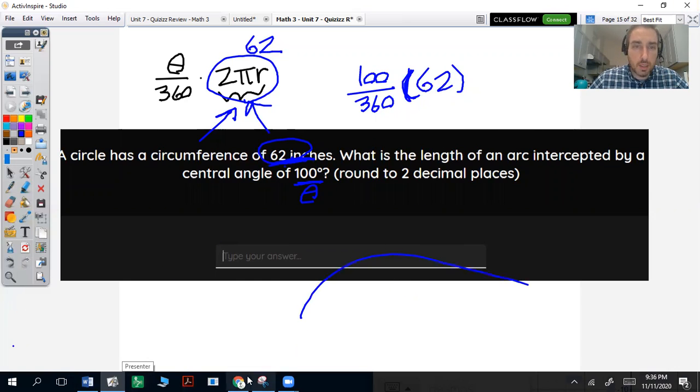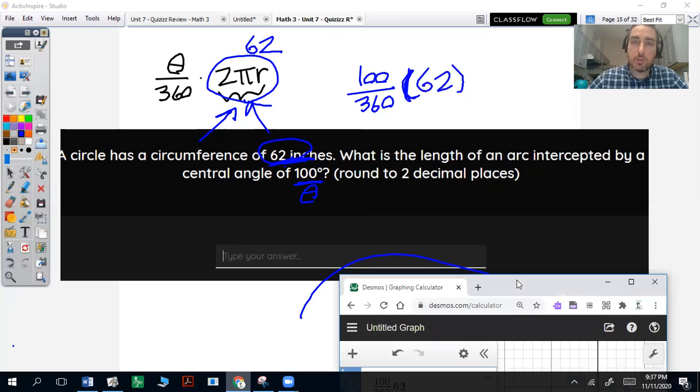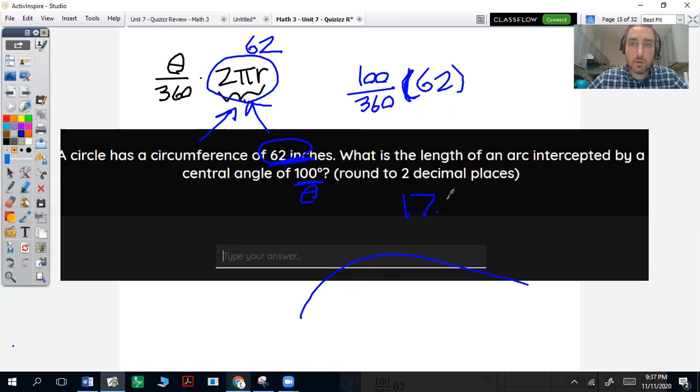So that's going to be 100 over 360, and then all that's just going to become 62. So 17.222 repeating, 2 decimal places is fine, so 17.22. All right, let's move on. Next question.